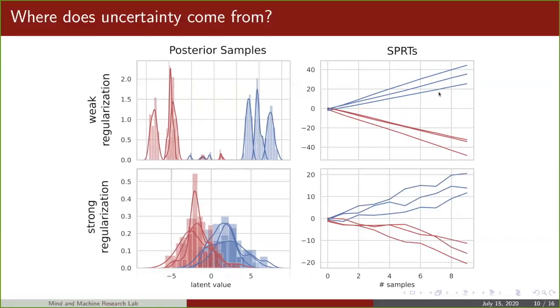However, in the case where we have a strong regularization, there's more variance in the samples, and the model needs to take more samples to be sure about its decision. So even for the same stimuli, you would probably get differences in reaction times, which is again something that we would expect. So the prior regularization constraint is important in getting variability.